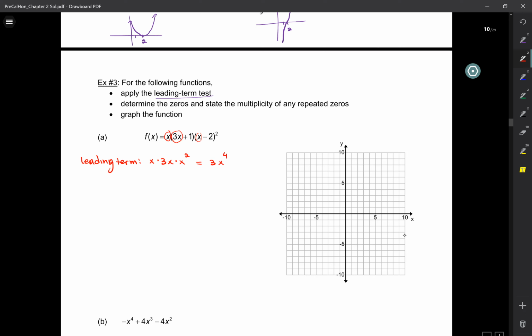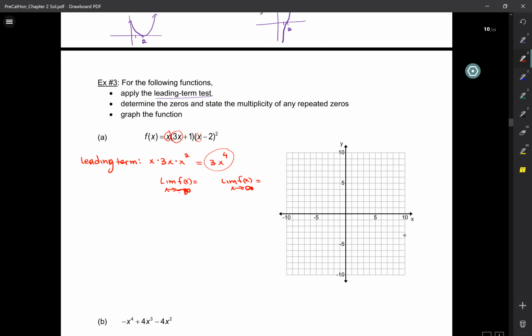Now, let's try to figure out the limit of f of x as x approaches negative infinity and the limit of f of x as x approaches positive infinity. This is negative infinity. All right, so for the negative infinity case, I need to plug in a negative number into this.